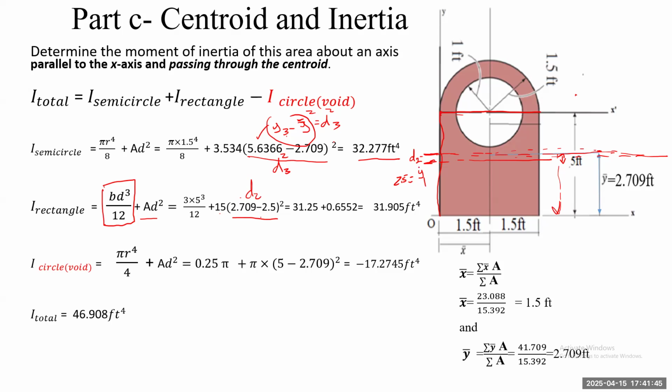So you always have to be looking for a line that is parallel to the other one. The parallel axis theory is the principle it is based on. So the area of the figure times that little D2, that little distance, you get that D2.